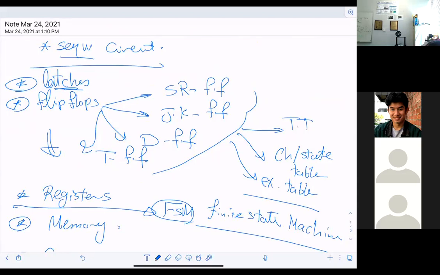Here is my book. So we finished chapter 4, the combinational circuit.